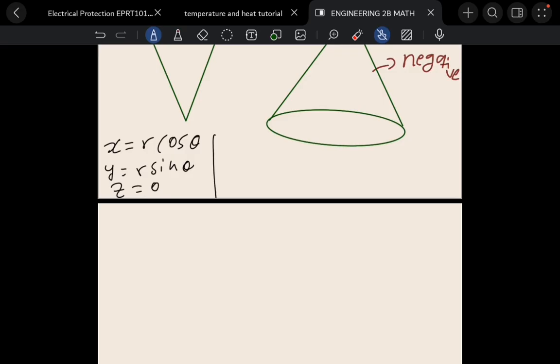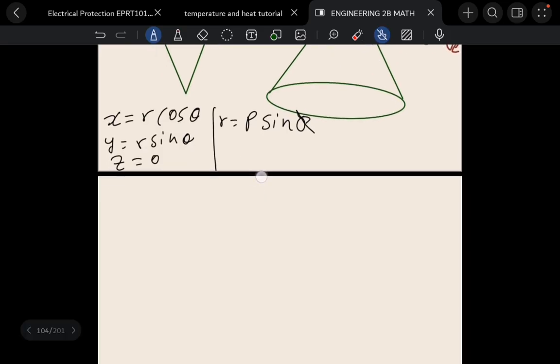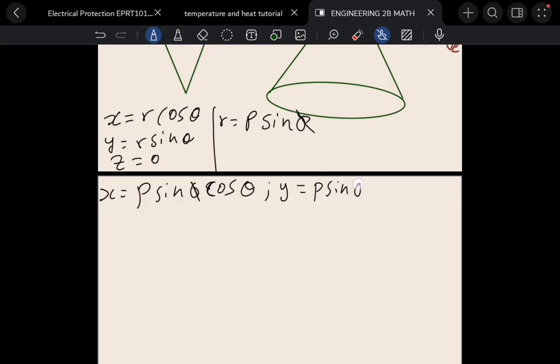So in spherical coordinates, r is actually going to be rho sine phi. So when you have an x there, your x will change to rho sine phi cos theta. Your y will change to rho sine phi sine theta, and your z will also change to rho cos phi.